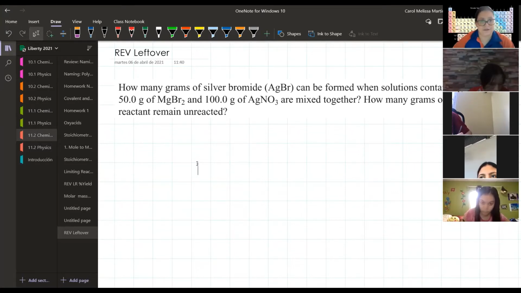determine the chemical reaction. It says, how many grams of silver bromide can be formed when solutions containing 50 grams of magnesium bromide and 100 grams of silver nitrate are mixed together? How many grams of excess reactant remain available?